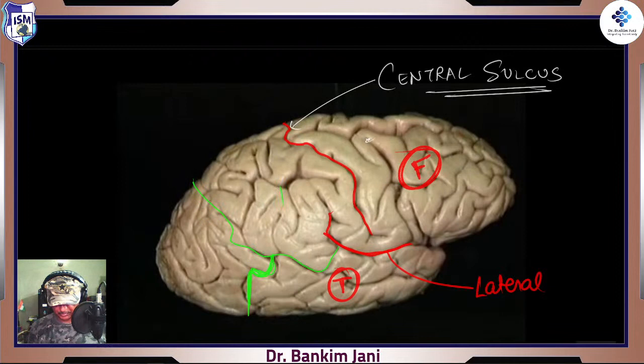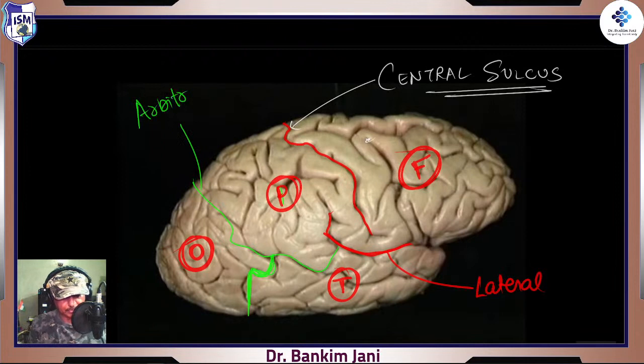Say this one would be parietal and this one would be occipital, right? These are arbitrary boundaries depending upon the bone, so they are just put. But for frontal and temporal, there is a clear physical division, sliced, right?